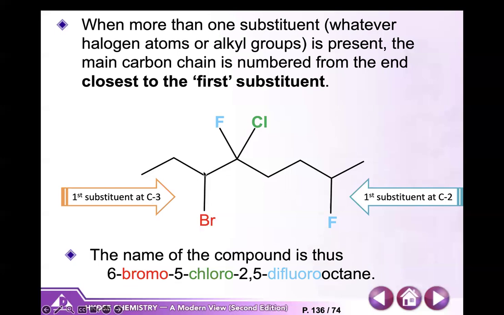Although if you label this one as 3, 4, 4 it seems that the numerical values would be lower, we choose the first substituent as the lowest first. So this one will be assigned as 2. So starting with 2,5-difluoro, and one more thing, we need to follow the alphabetical order for the substituents. Bromo goes first, chloro next, and then fluoro will be the third one.